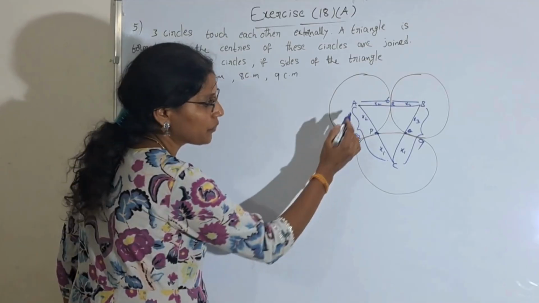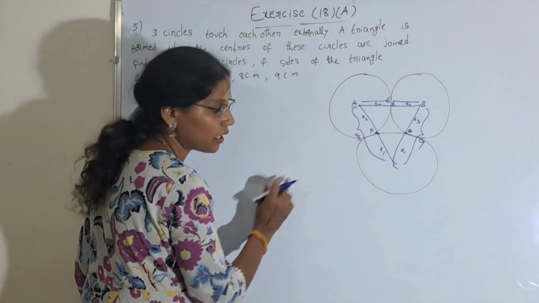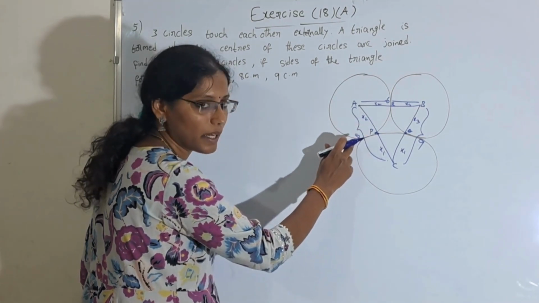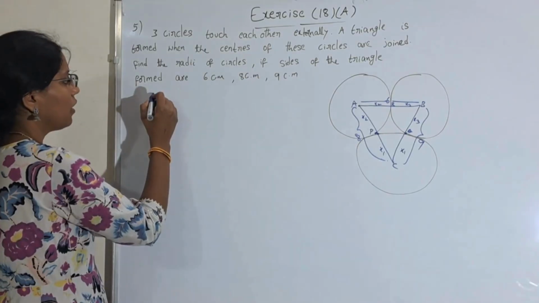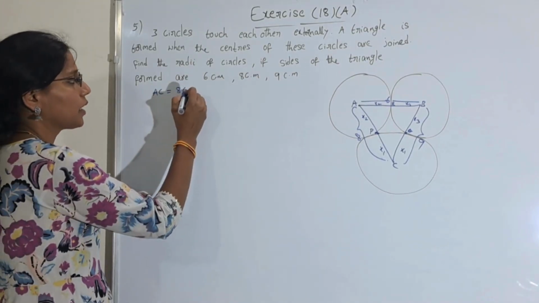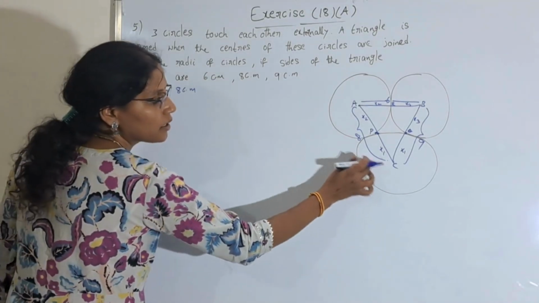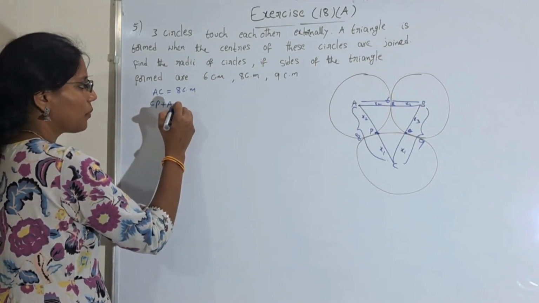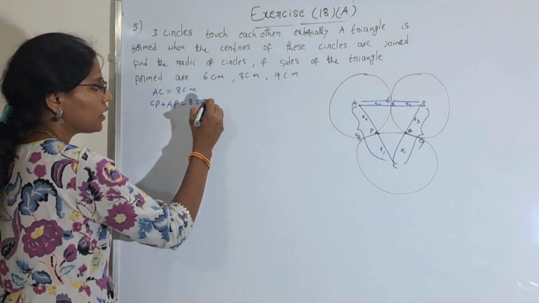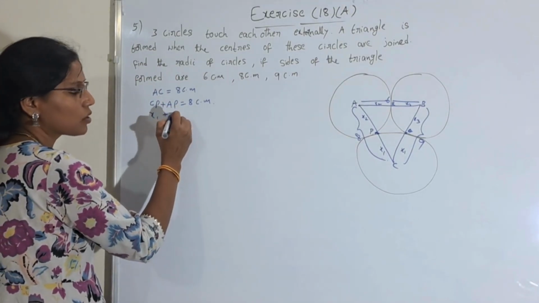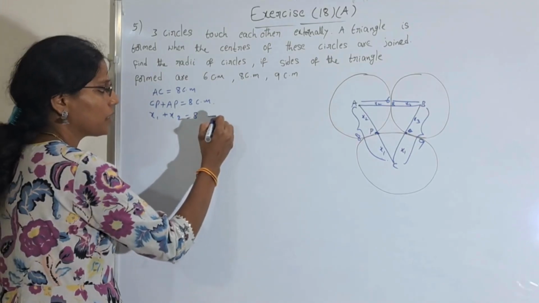Now we observe AC. Total is 8 centimeters. AC is equal to CP plus AP, which is equal to 8 centimeters. Here CP means x1 plus x2 is equal to 8 centimeters.